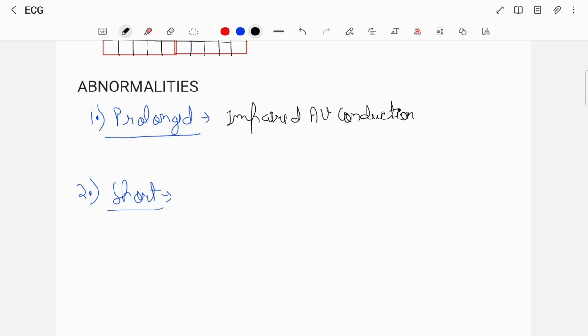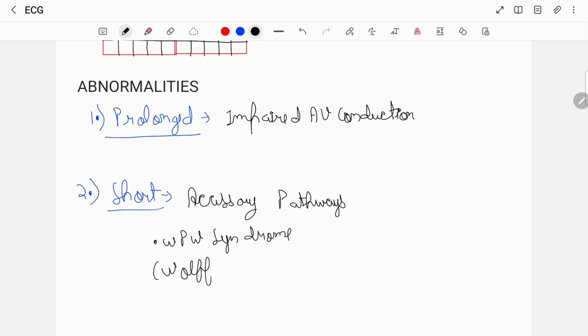If I talk about a short PR interval, then that is seen in conditions where accessory pathways are formed. The most common condition would be WPW syndrome, that is Wolff-Parkinson-White syndrome.